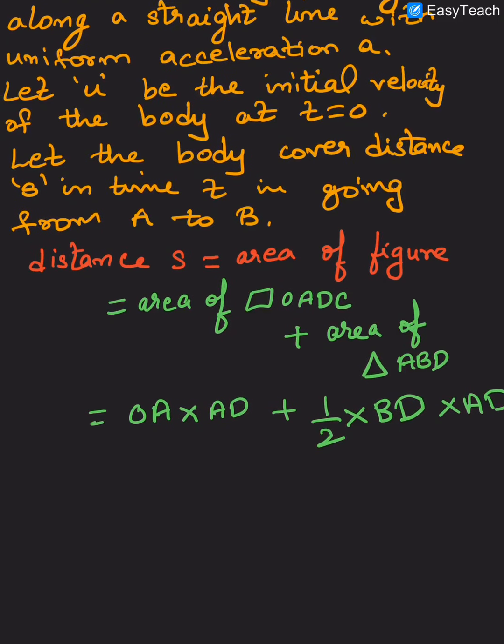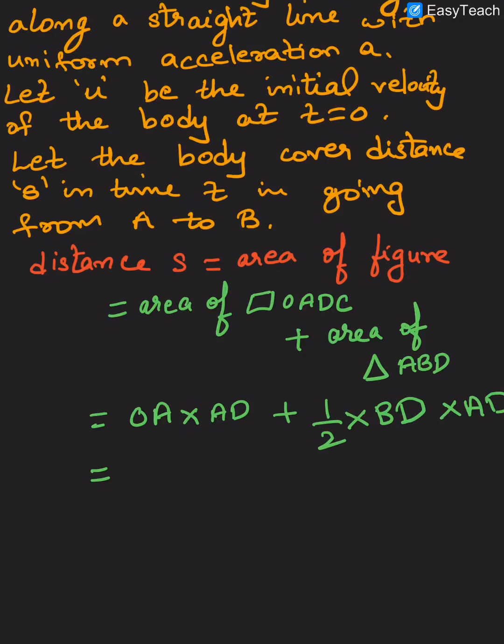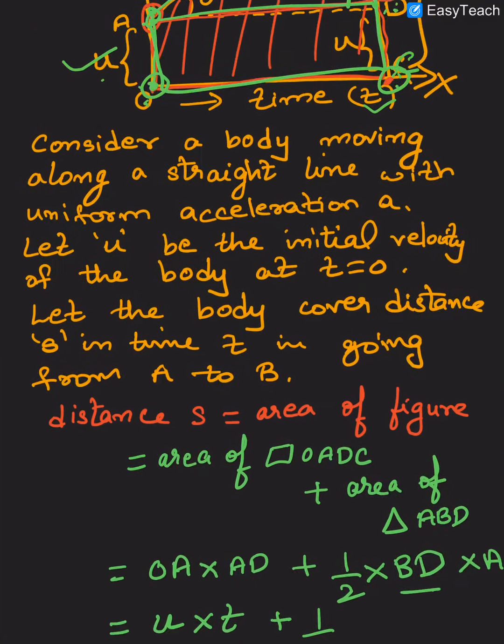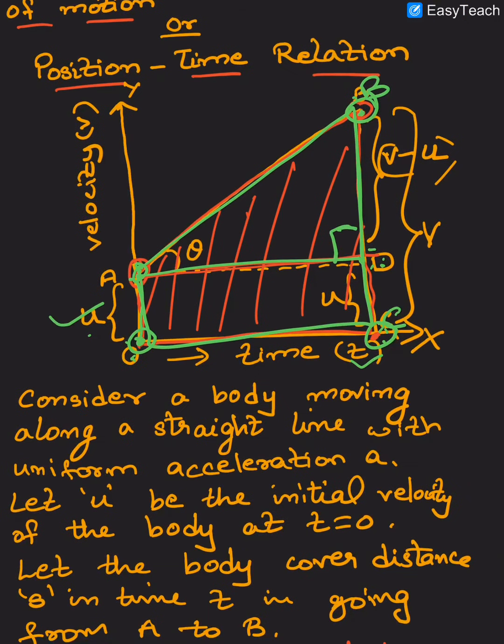Now you already know the value of OA is u, AD is t, and half. Now BD. This is your BD, which is given by BC minus DC, or v minus u.